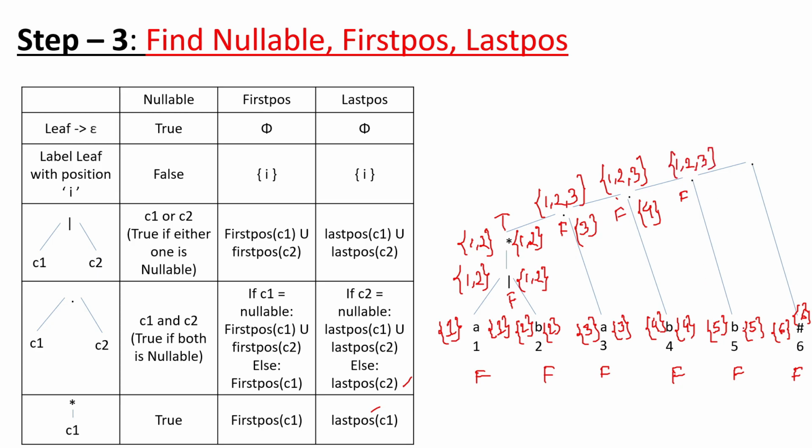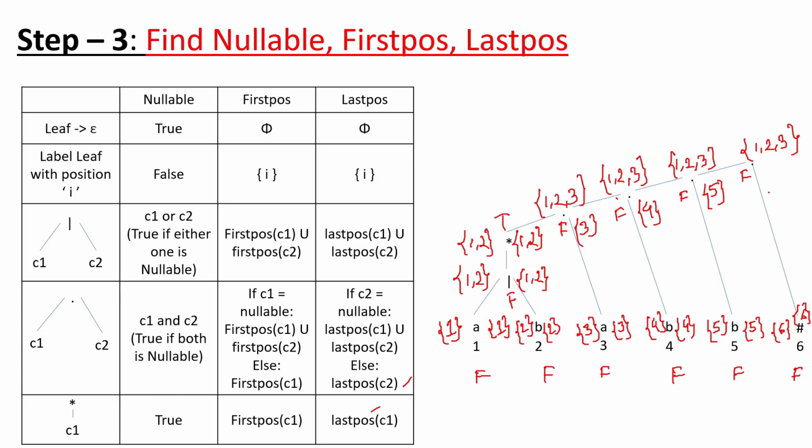Similarly, since B is not nullable, the else condition will be followed and the last pass of child 2 will be taken as the last pass. And finally for this part also, both of these are false, right? So this will also become false, and its first pass will be added in the condition. Since C1, child 1, is false, it's the else condition, that is only the first pass of the child, that is 1, 2 and 3.